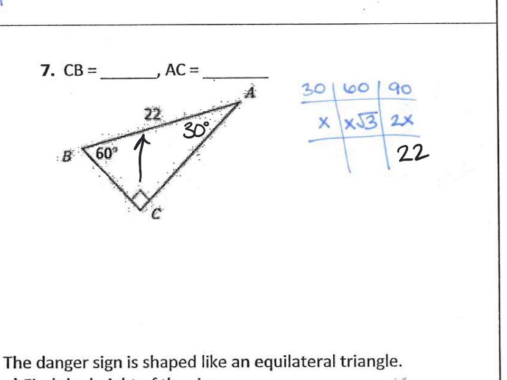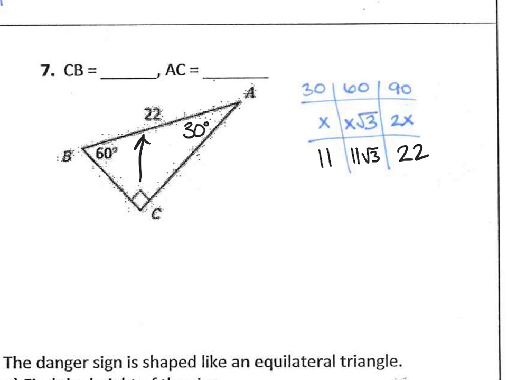Now here's where we have to get thinky about some algebra. If 22 is 2 times x, what's x? 11, because 2 times 11 is 22, correct? So I know that this is 11, which means what should I put here underneath 60? That's it. We're just following the pattern.